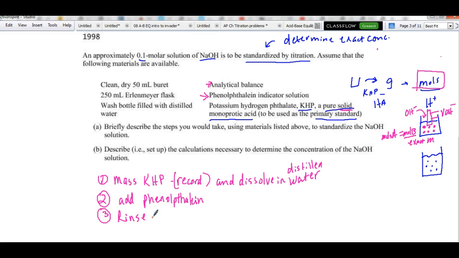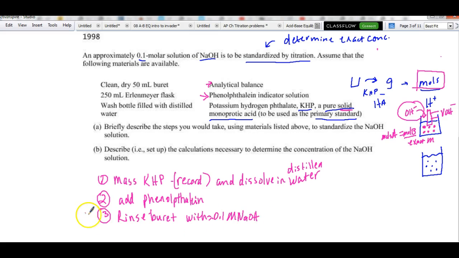This is always important. They always ask you this. You're going to rinse your burette with your titrant. What are you going to be putting in there? Your OH minus. So you're going to rinse the burette with your approximate 0.1 molar NaOH.